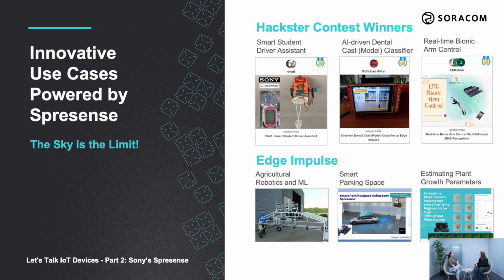So, for example, one of them wanted to assist the new driver to not make recurrent, basic mistakes, right? So they put the Spresense board with the camera board on the roof of the car, looking at the driver, and it would flag if the driver made some of the mistakes that were considered dangerous.